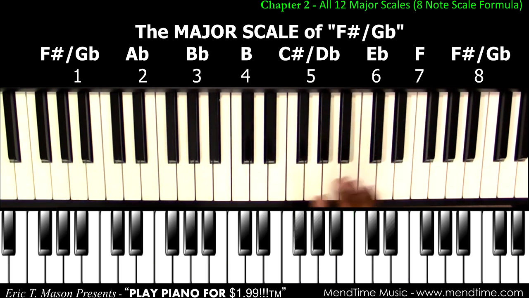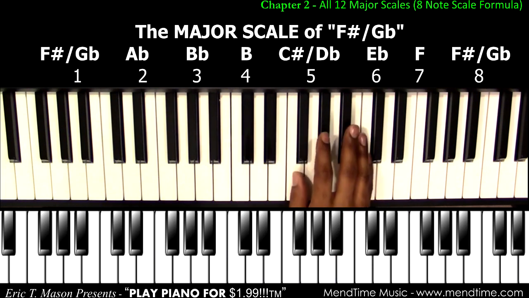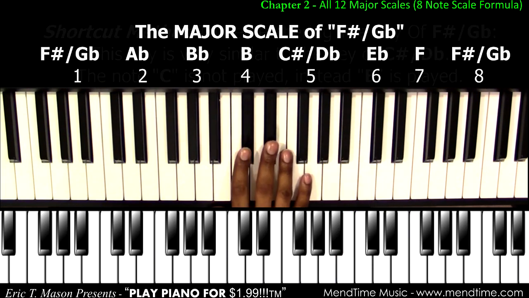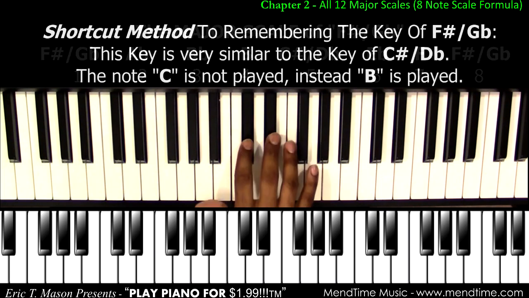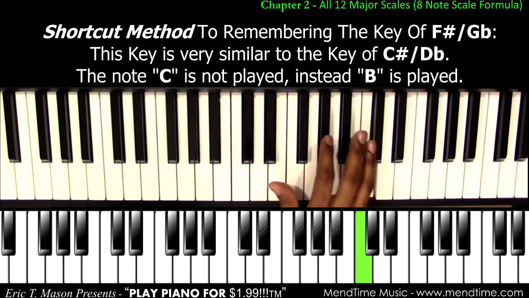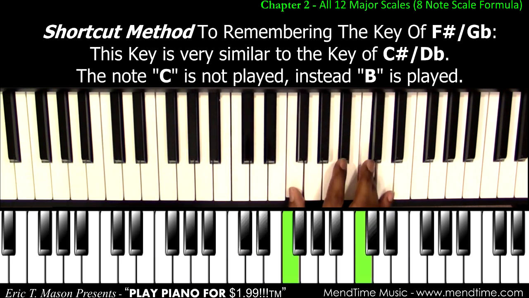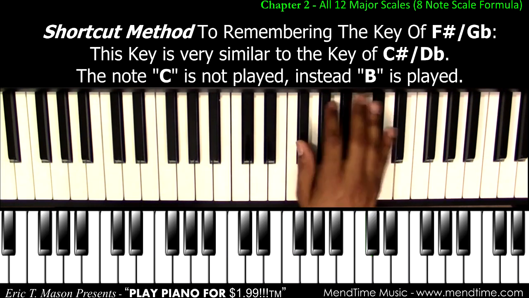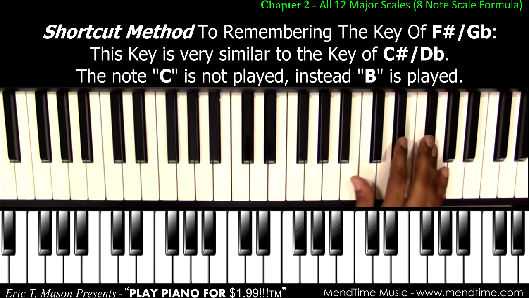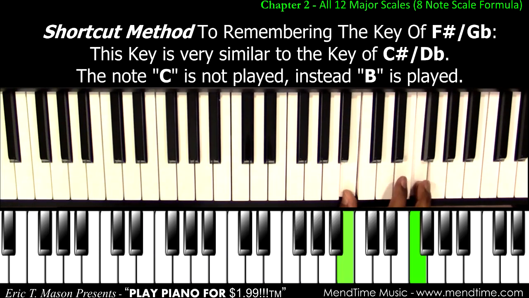Now, there was another scale that we covered that I believe only had two white notes, and that was, let me give you a second, see if you can remember. It was the scale of C sharp, D flat, that's right. It only had two white notes, which were F and C. Now, if we look at F sharp, G flat, it only has two white notes, which are B and F. Very good.